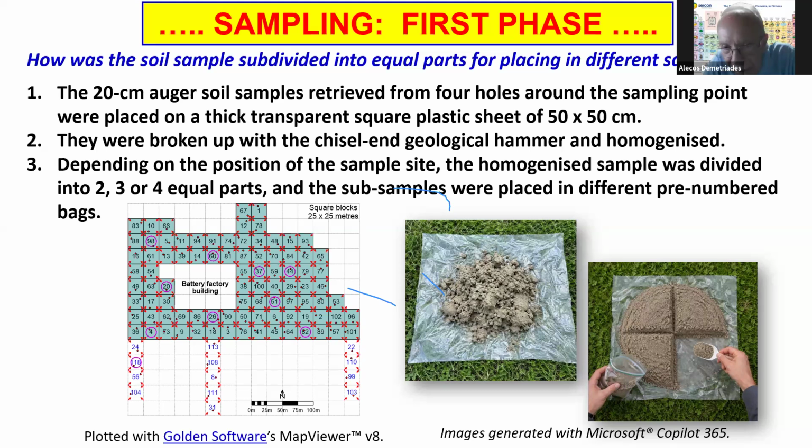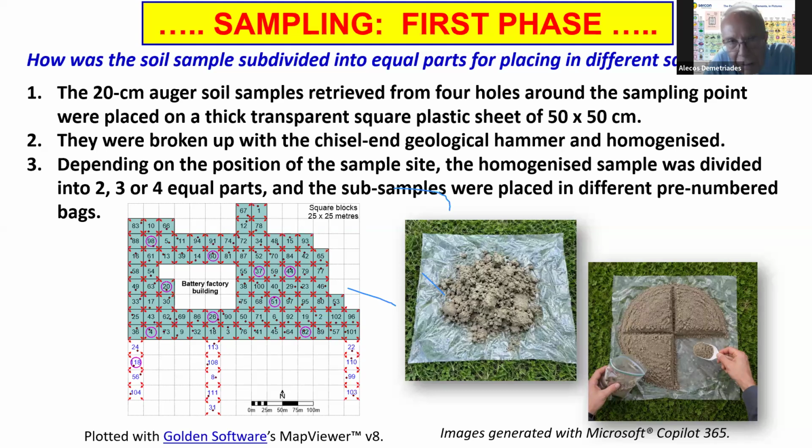So I instructed Microsoft Copilot 365 to make the two images on the right-hand side and to place the sample in a plastic sheet like I have done. I mean, you can imagine the sample was in blocks, and it was difficult for the Copilot to do it exactly. But anyway, you get the idea.